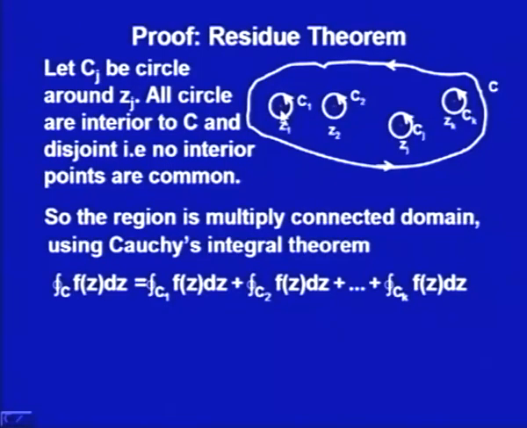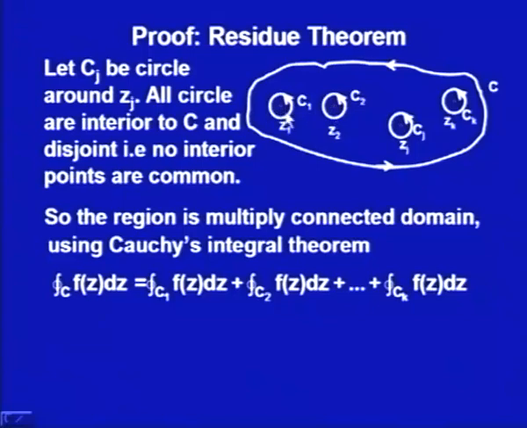Now, I can use the residue integration method, which says that if the function f is analytic in the interior of C1 except at a single point z1, then we could give the integral as 2 pi i times the residue of the function f at that singularity point, that is z1. This is true over here.